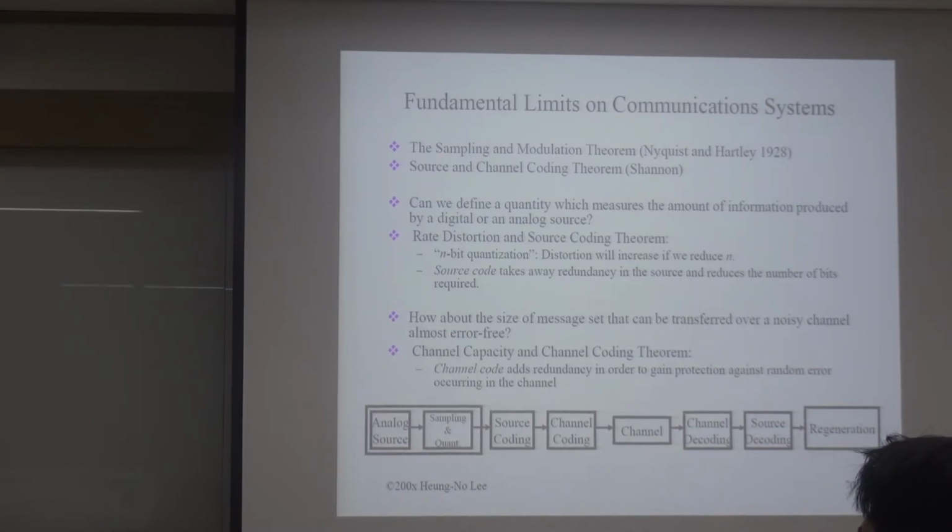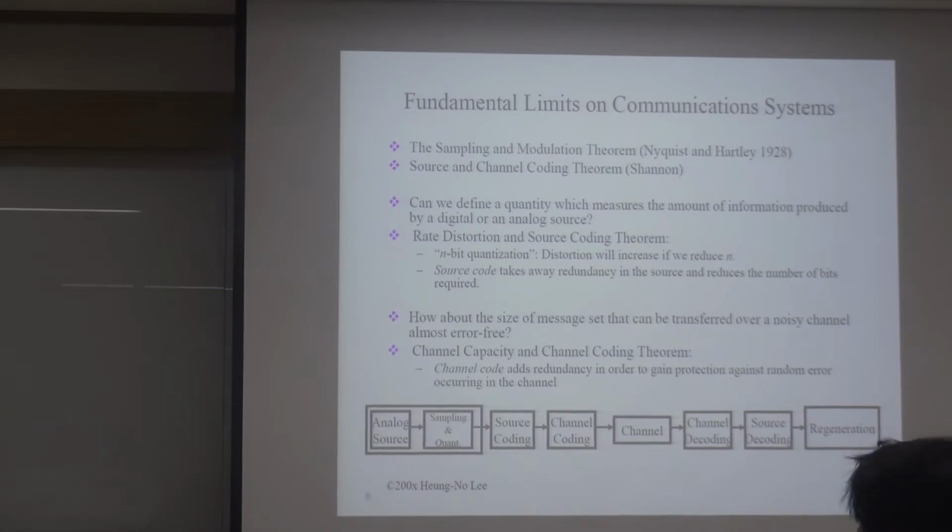How many bits do you need for each sample? 3 bits, right? And if you send these 3 bits at the speed of a millisecond, what is the bit rate? 3 times 1,000, so 3,000 bits per second, right?